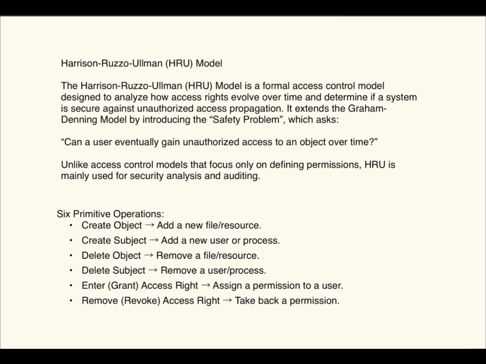Automated IAM, identity access management, and security tools can track changes in real time to prevent privilege escalation. So there could be two options. We can update the matrix manually, which can be done by administrators who are responsible for granting access. But it can also be done dynamically using identity access management.